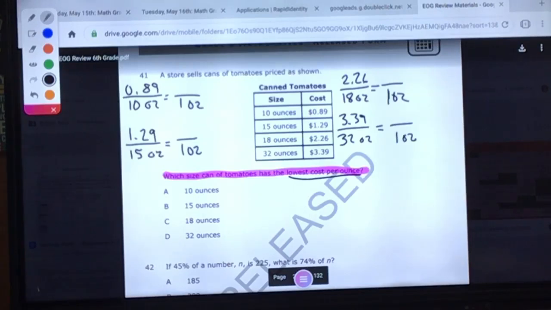So you have to find the unit price for each one of the cans and find the one that is the smallest. Once you have your answer, go ahead and stand up.